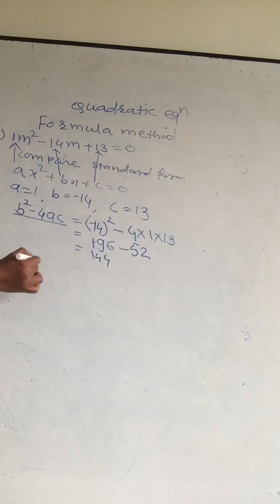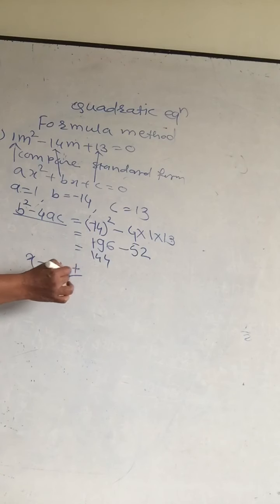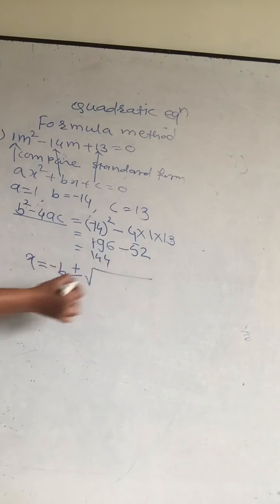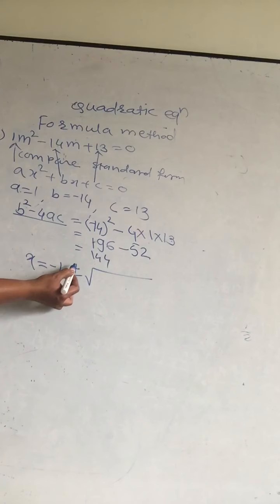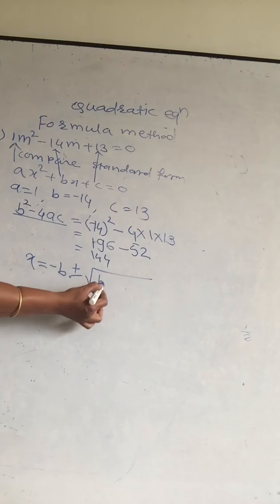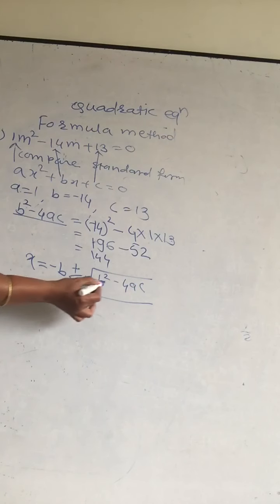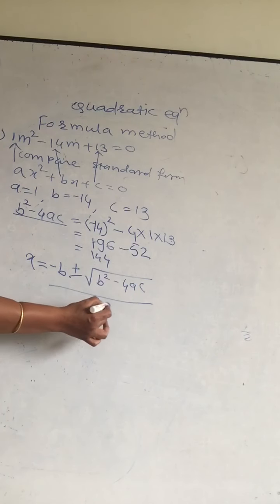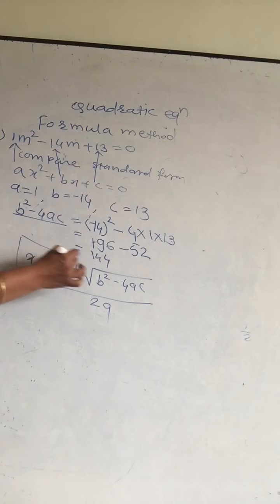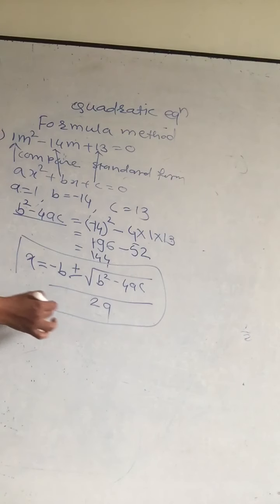Now the formula. This formula we have to learn by heart. x is equal to minus b plus or minus square root of b square minus 4ac, divided by 2a. This is the formula for solving the quadratic equation.